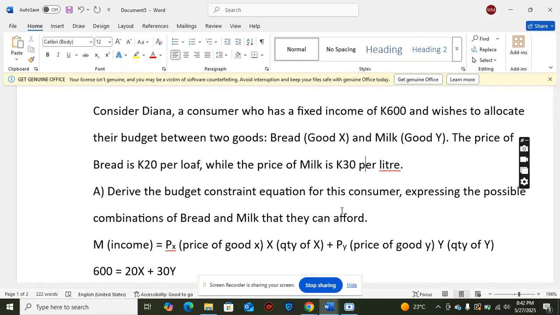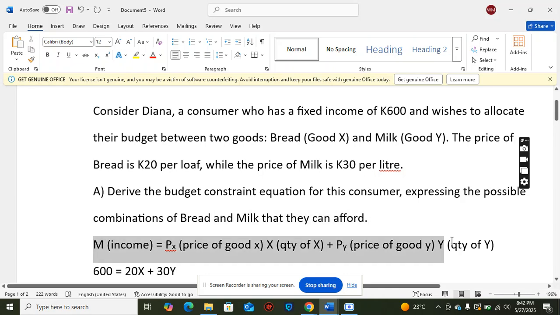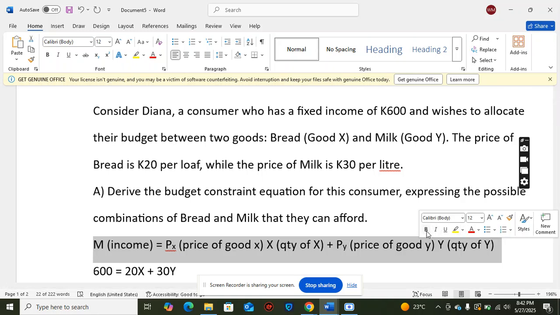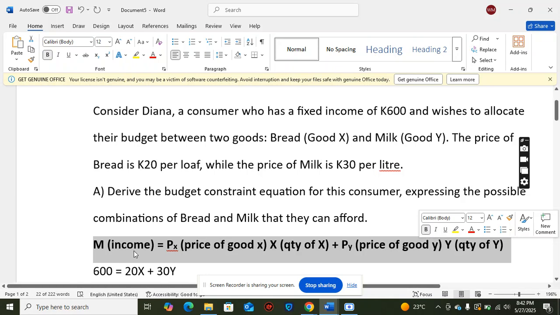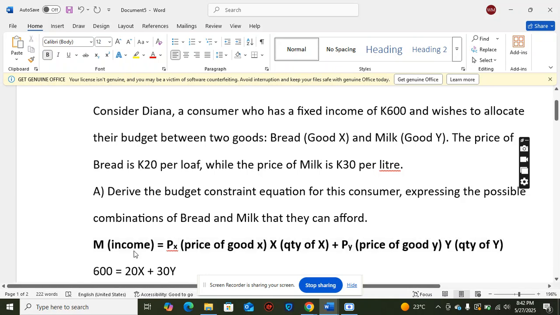So we have to make the budget constraint equation. This is the format of the budget constraint equation here. They haven't given it in the question, it's you who has to remember.